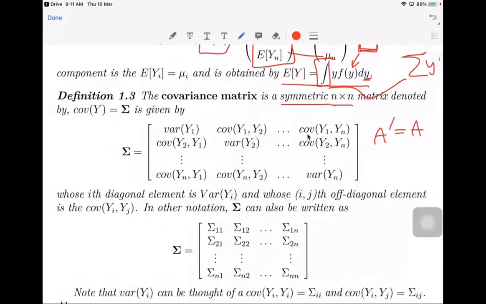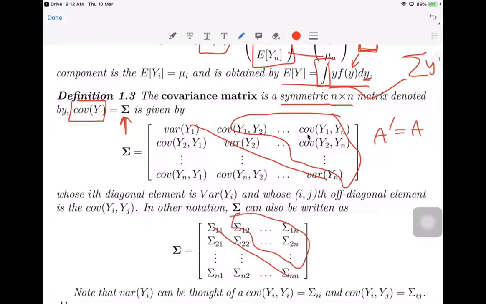Usually the covariance matrix is denoted by cov of y or the capital sigma notation, wherein the diagonal entries are the variances of y and the off-diagonal entries are the covariances.